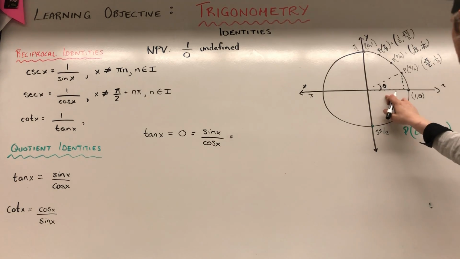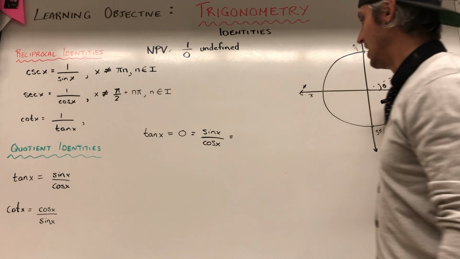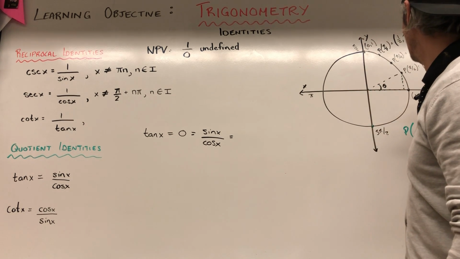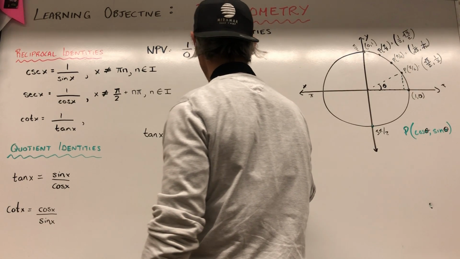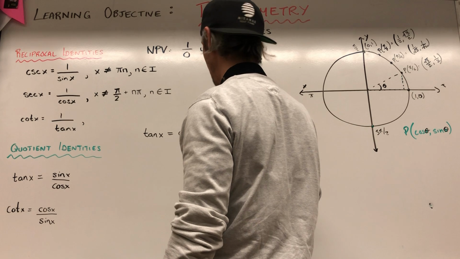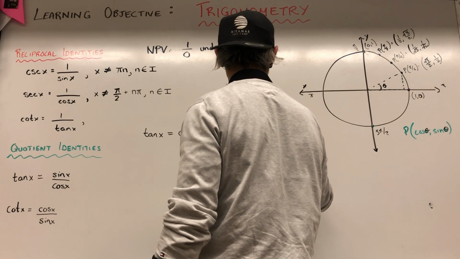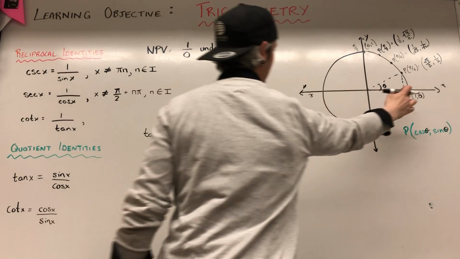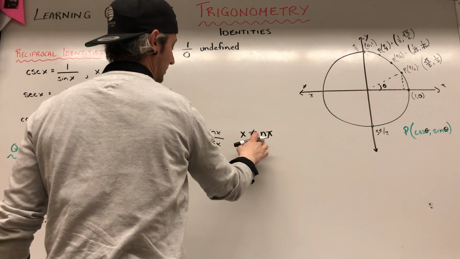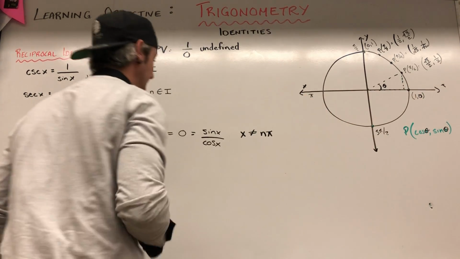Sine of x is equal to 0 at any multiple of pi. 1 pi, 2 pi, 3 pi, 4 pi. So tan of x is equal to 0 at x is equal to some multiple of pi. Any places where we're on the x-axis. So it can be 2 pi, 3 pi, 4 pi, 5 pi.